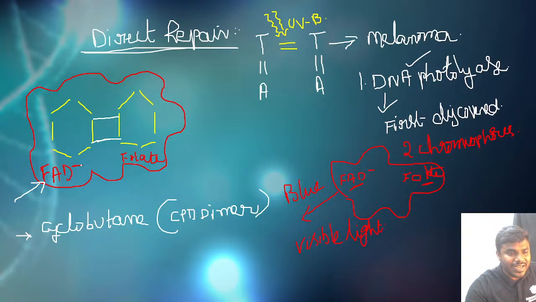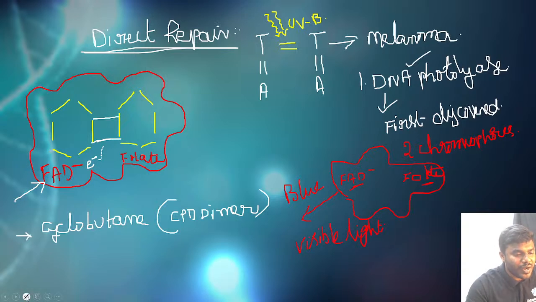Now the excited FAD minus releases the excited electron. Once the FAD minus has released the excited electron, friends, listen, this excited electron will reach this particular pyrimidine dimer.